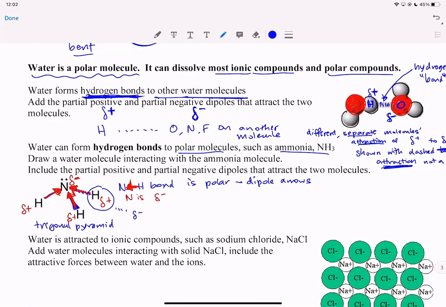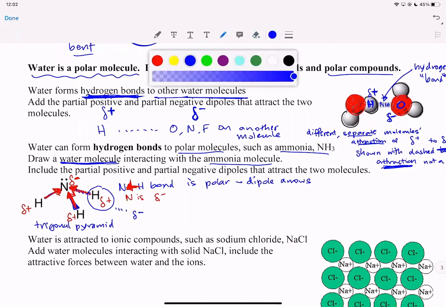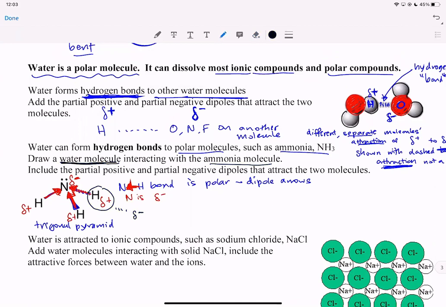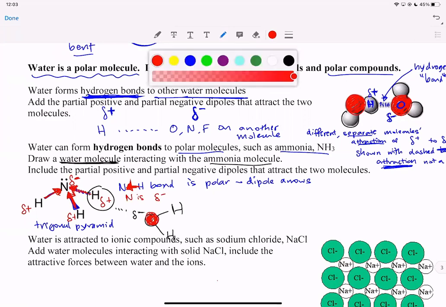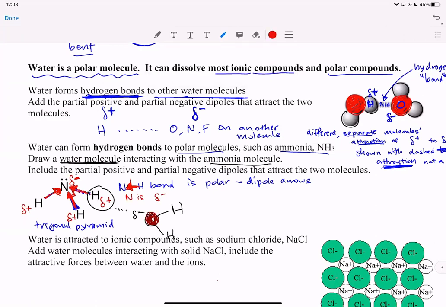Okay, so if hydrogen is the partial positive, that partial positive hydrogen is attracted to a partial negative. And where can that partial negative come from? Well, if we want to draw the water molecule being the partial negative attracted to the ammonia molecule, where is the partial negative on the water molecule? Well, remember, water has the partial negative on the oxygen, which is bonded to 2 hydrogens. This is the partial negative oxygen. Keep that red.